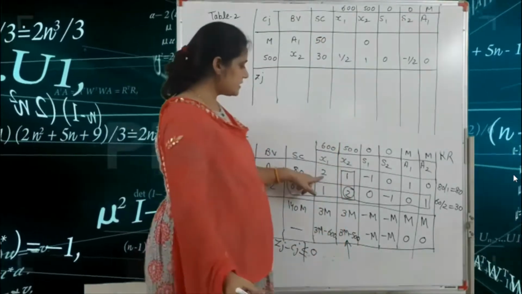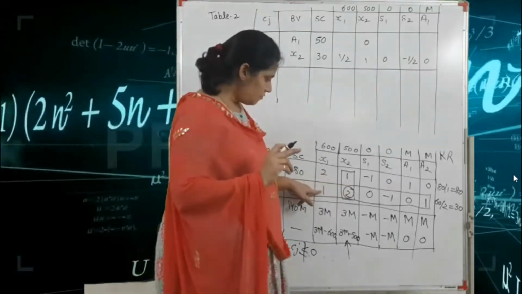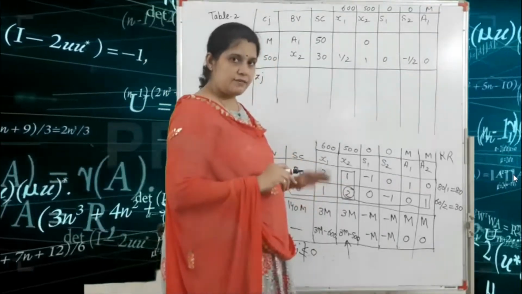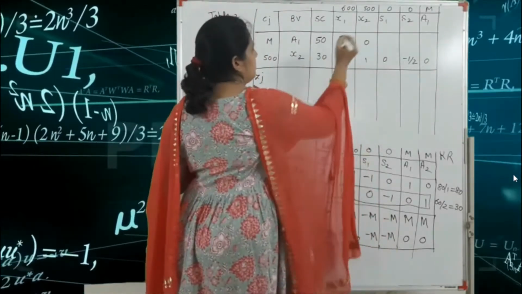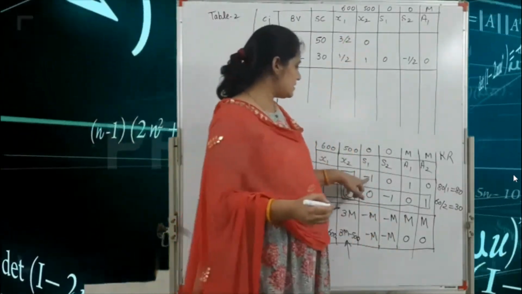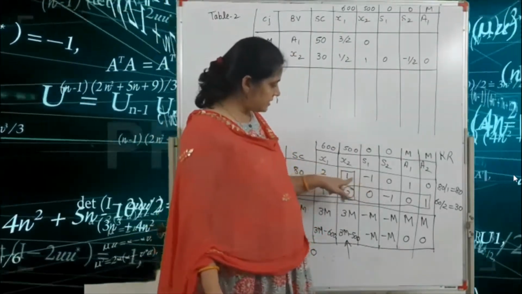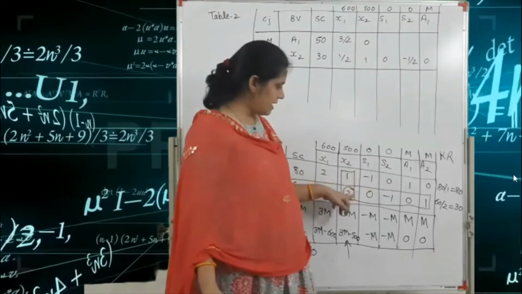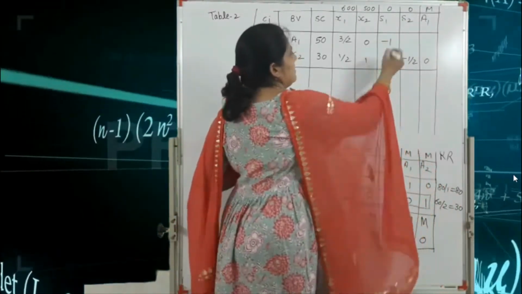Okay, next one is this place. 4 minus 1 into 1, that means 3. So 3 divided by 2. This value is also 0. This one, 2 into minus 1, that means minus 2. Minus 1 into 0, that means 0. So minus 2 divided by the key number 2, so we write here minus 1.